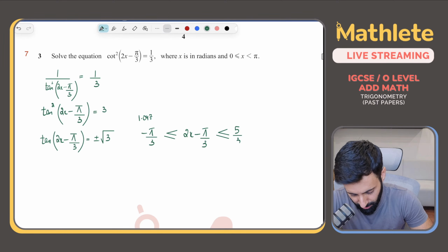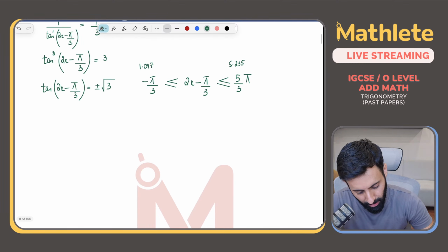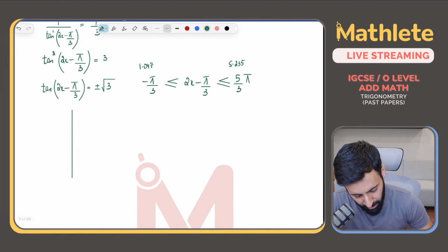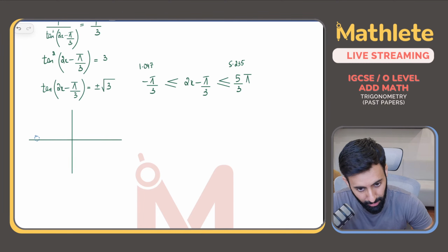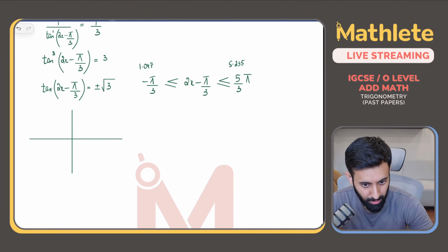The decimal value of which is 5.235. Okay, now. So tan is positive and negative. That means we need to look in all 4 quadrants.